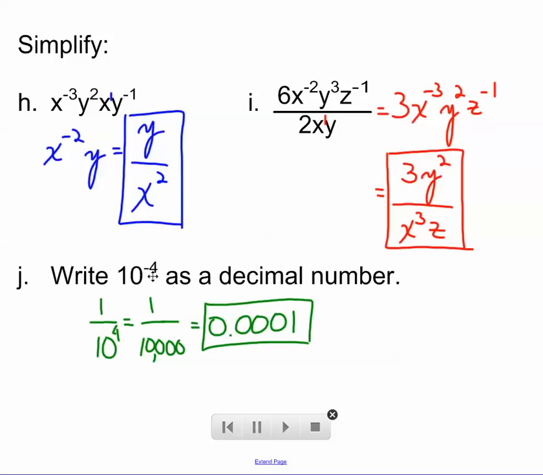We move the decimal place 4 spots to the left, and we'd be back at 1. 1, 2, 3, 4. We divide by 10 to the fourth, 1, 2, 3, 4. But this number is 1/10,000th. This is the 10th place, 100th place, 1000th place, 10,000th place.